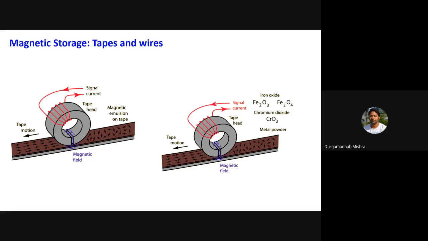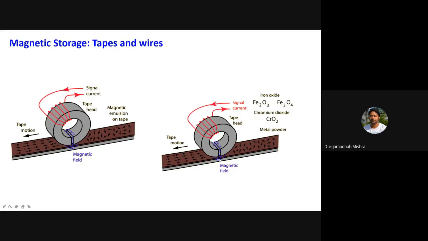Depending on the current direction, you can make one north and south, or reverse the polarity of your magnet as well. And that is how you can write or make different orientations for your domains. That is how you can write something.